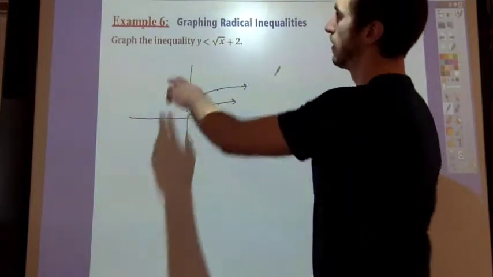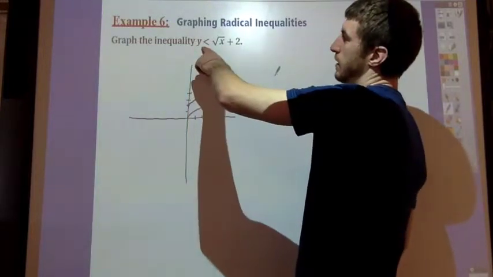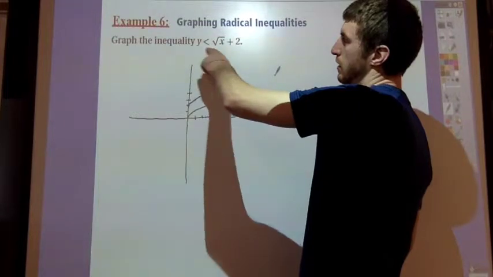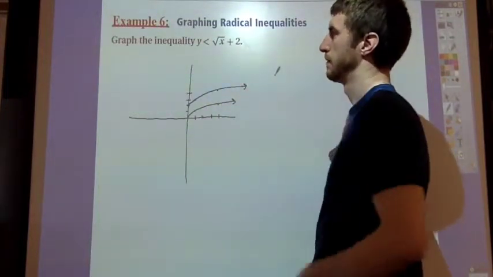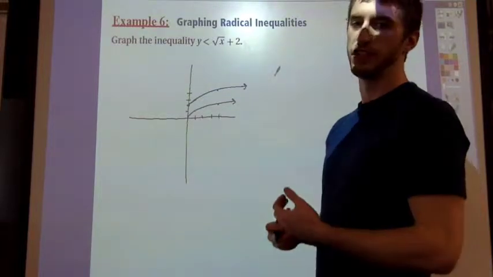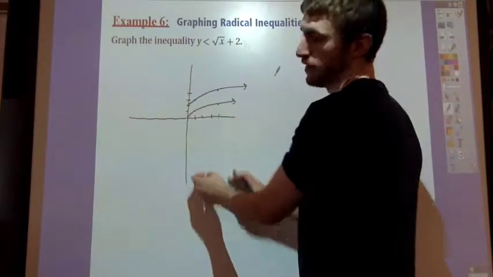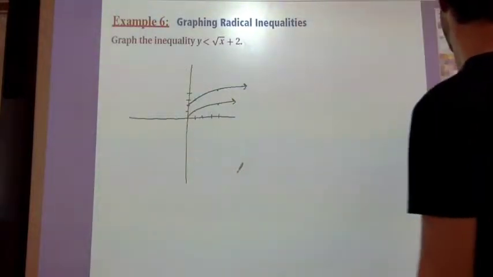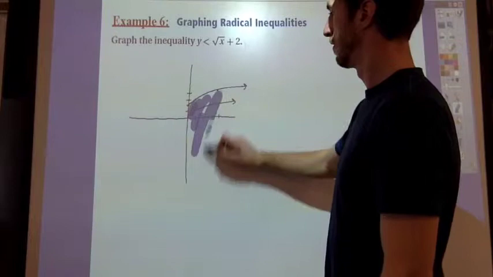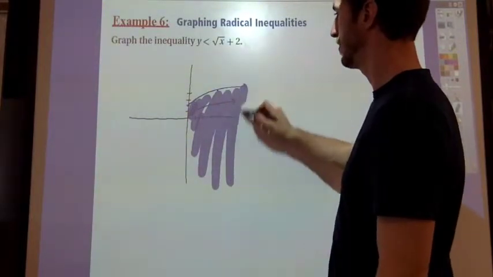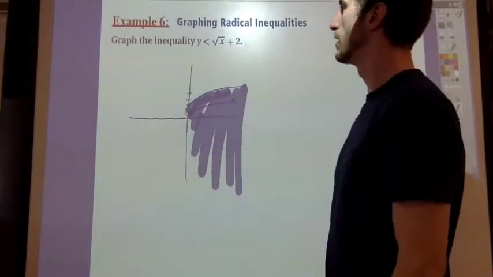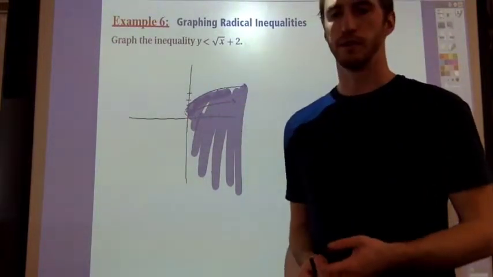Now, it wants to know what is less than this function, square root of x plus 2. So that means we have to shade in everything underneath our graph. I'm going to shade in everything underneath square root of x plus 2.